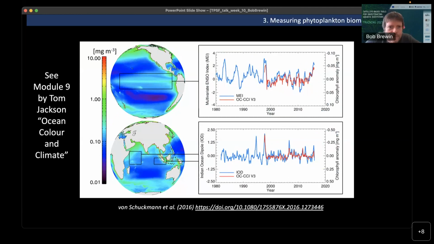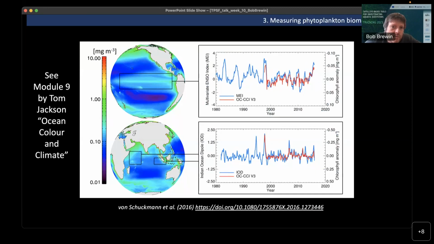So this is a figure taken from a paper published back in 2016. And we're just focusing on two different regions of the ocean here, the equatorial Pacific on the top part of the image, and also the Indian Ocean on the bottom. And what we've plotted here are climate indices.